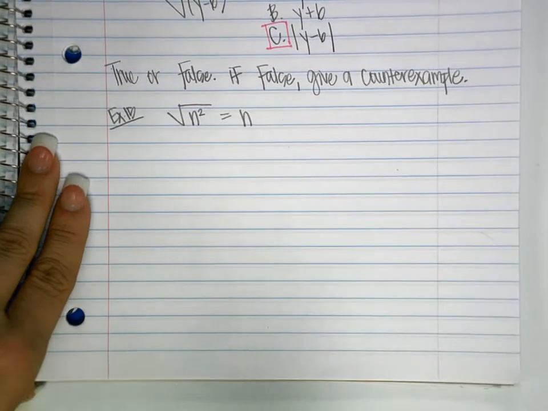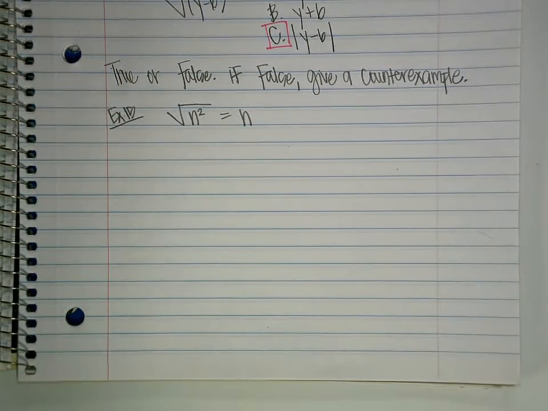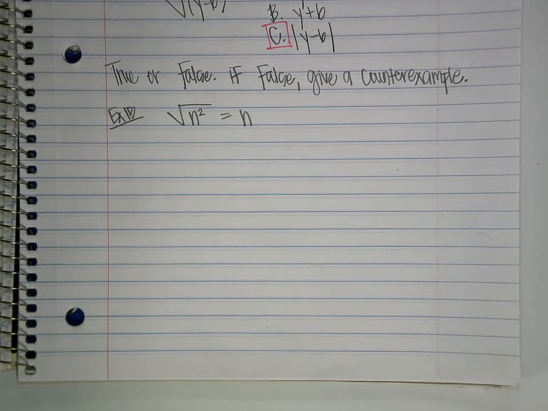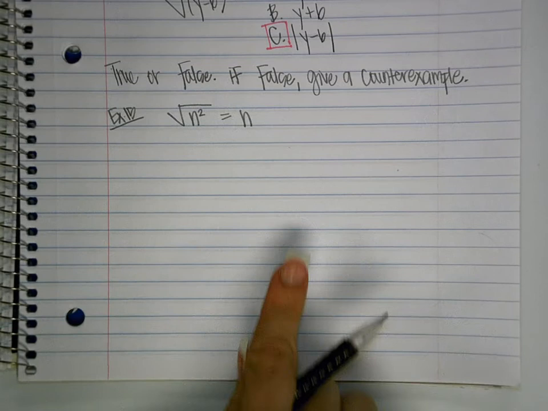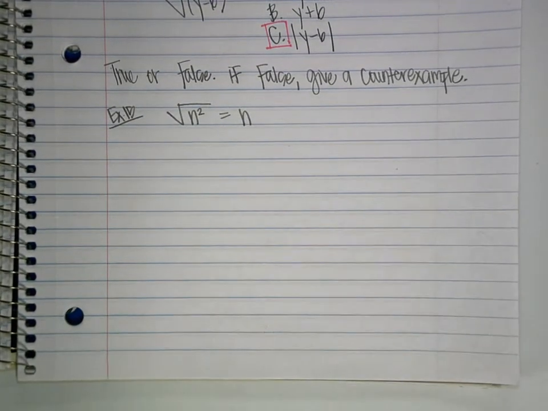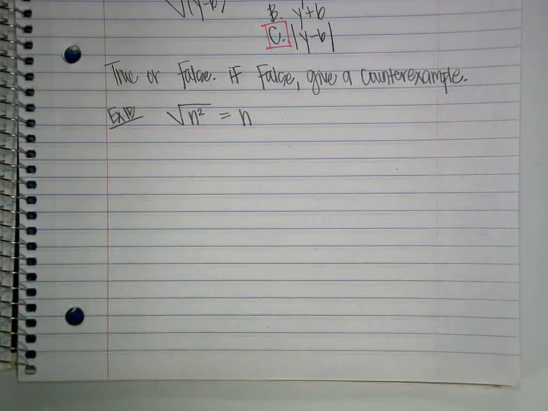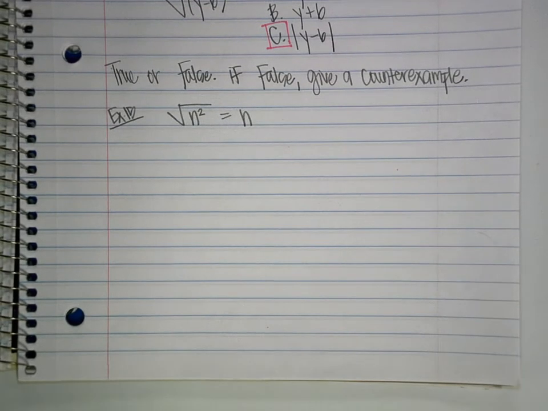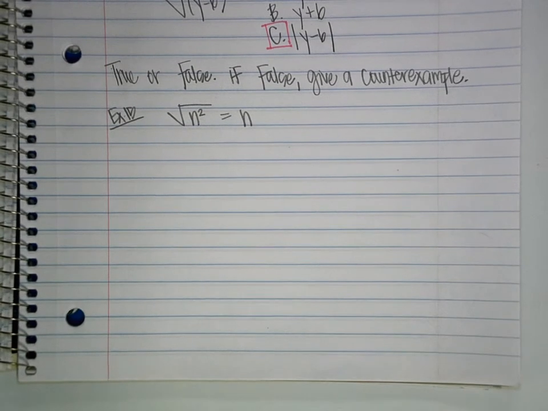Actually, what is a counter example? A counter example is where I want you to give me actual numbers to show this does not work. I don't want you to tell me the rule. I want you to actually show me numbers. Plug something in. There is no necessarily right answer here. You could have a ton of counter examples.